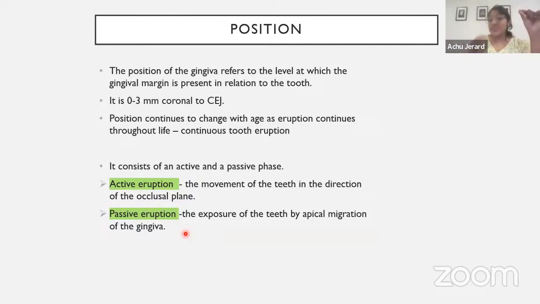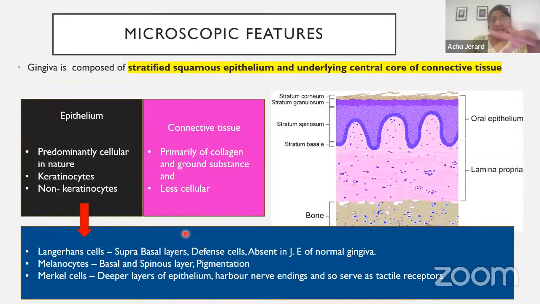So it is because of this feature that the width of gingiva changes, because superficially it has the marginal gingiva as the landmark, and inferiorly the landmark is the mucogingival junction, which is a stationary landmark. So the changes in width of gingiva happen only because of the change in the coronal portion of the gingiva, not the inferior portion. So it is because of the passive eruption that the width also changes. And I think with that, we have covered most of the macroscopic features of gingiva.